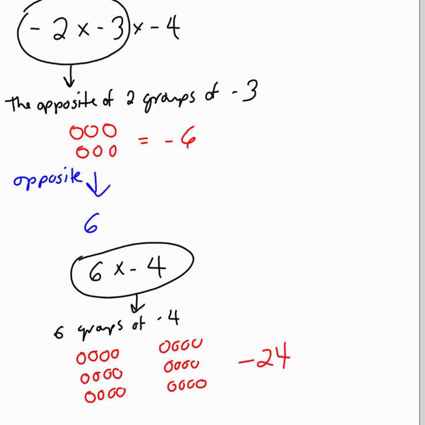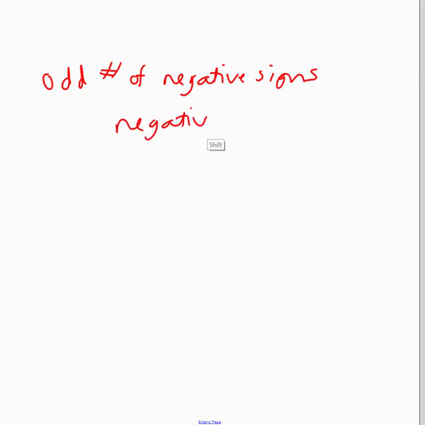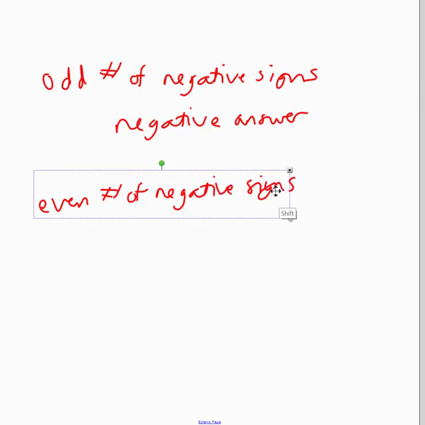So if you have an odd number of signs, you will get a negative answer. But an even number of negative signs will give you a positive answer.